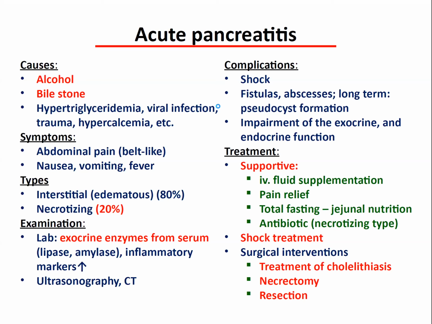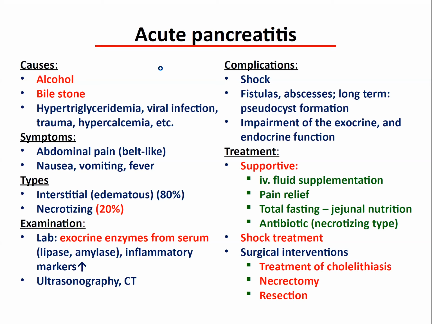However, if somebody has type 1 hyperlipidemia, a chylomicronemia, this is how it first manifests. A small boy or girl, usually age 7 or 8, has acute pancreatitis, and afterwards they figure out that this is due to the hyperlipidemia.